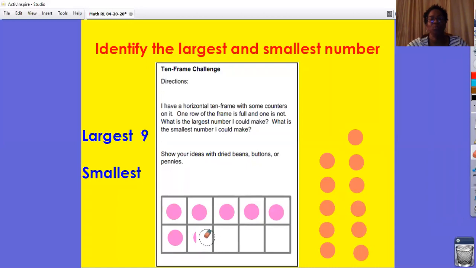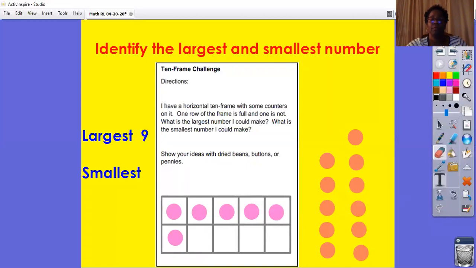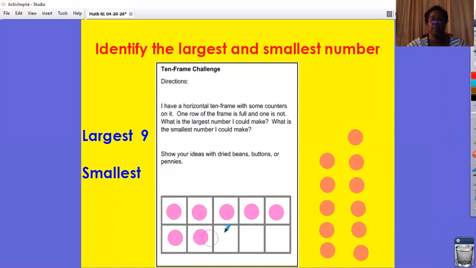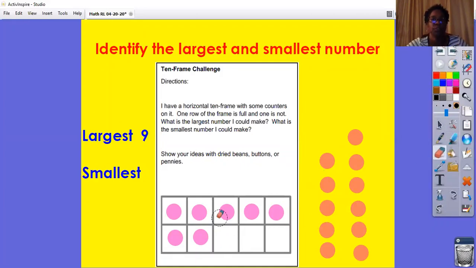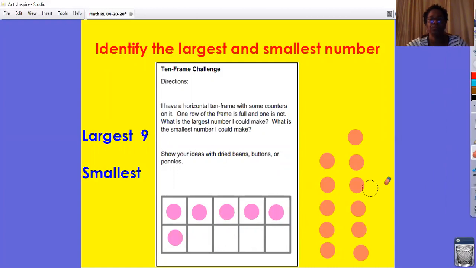Let's do all but 1. How about that? Wait a minute. Let's see. What about this one? 5, 6, 7. Could that be the smallest number? No, it's not. We need to erase one more.